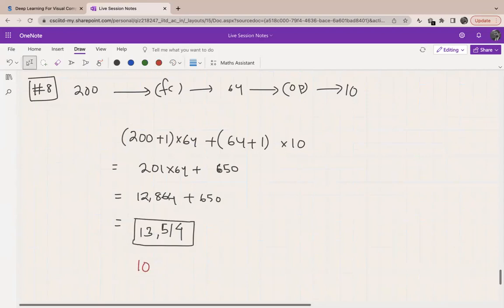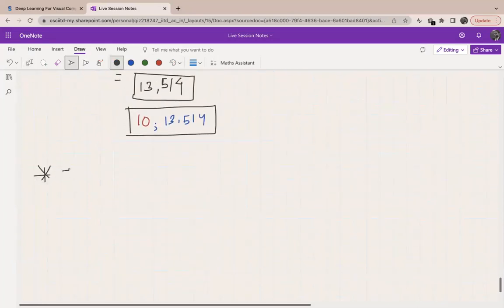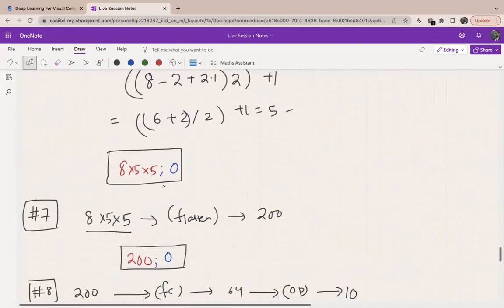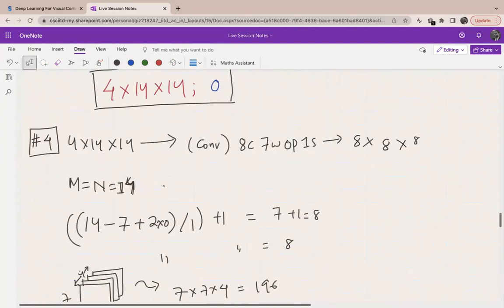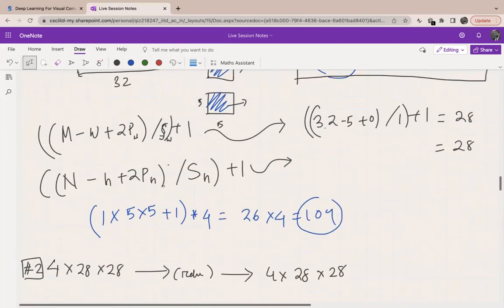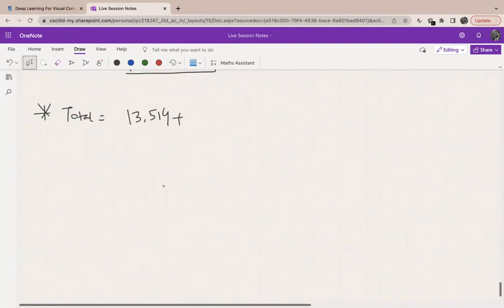Let's just add everything up. The total is 13,514 plus 0 plus 0 plus 1576 plus 0, plus the earlier layer's 104.